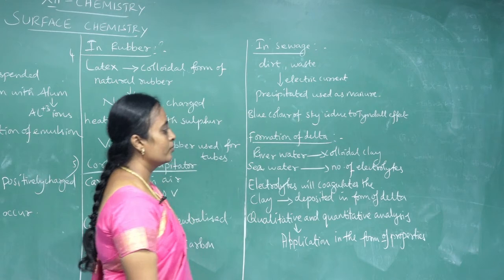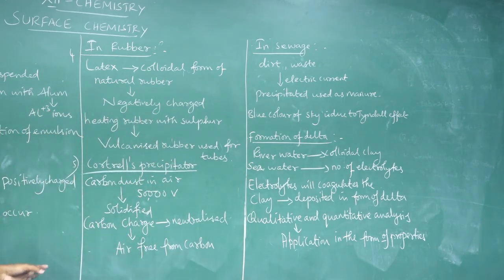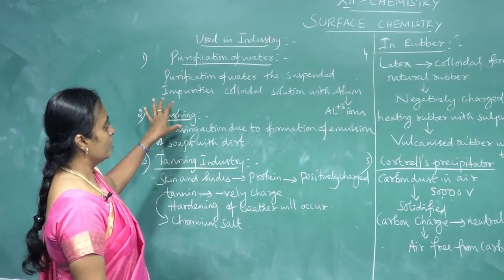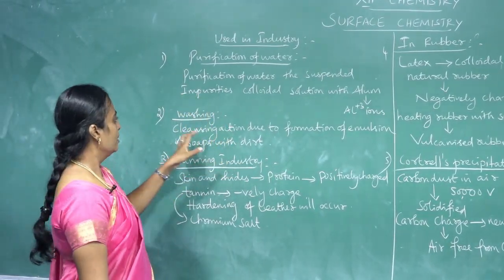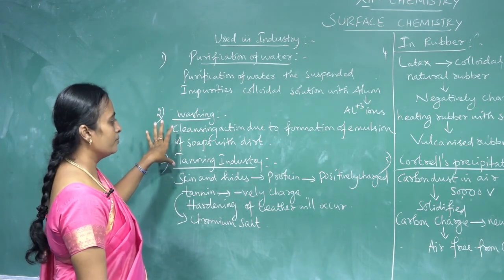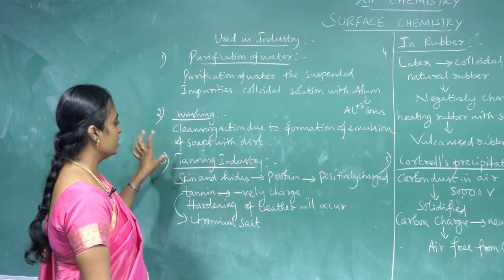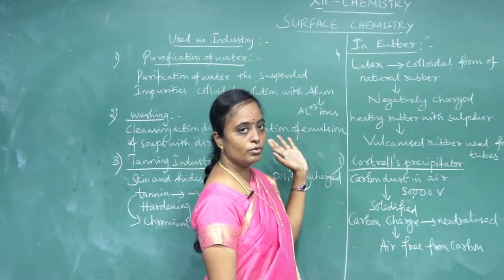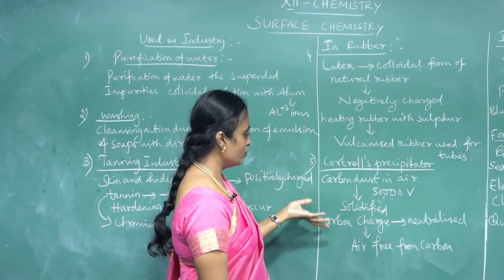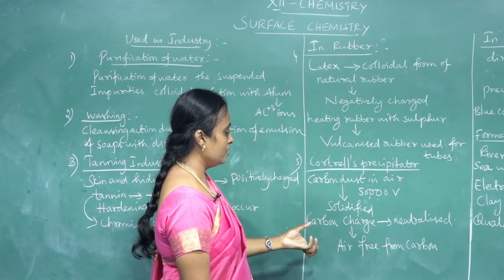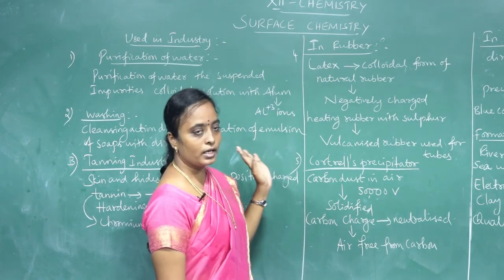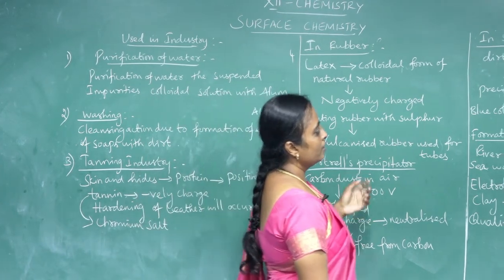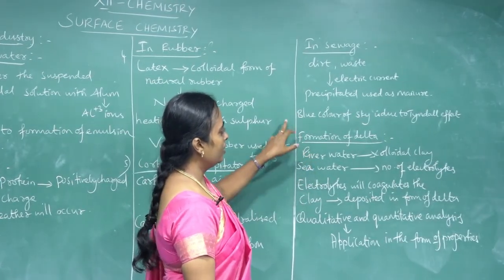Okay, so far we have discussed how colloidal solutions are used in industry. We have discussed purification of water, where it is used for washing purposes, how it is used in the tanning industry and in rubber, and how to form vulcanized rubber. We saw how carbon dust can be separated from the air by using a Cottrell precipitator, and in sewage, how waste material is precipitated as manure.